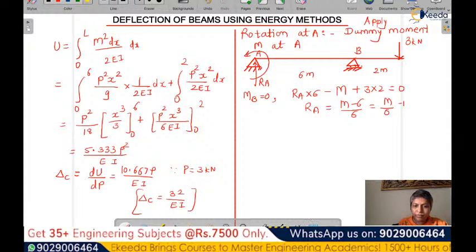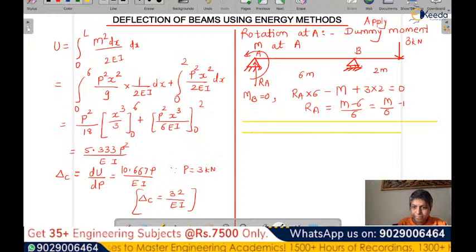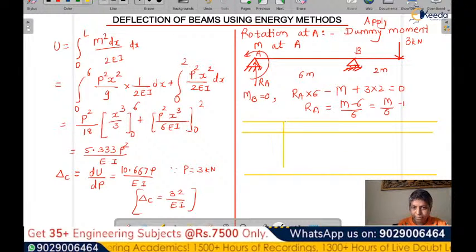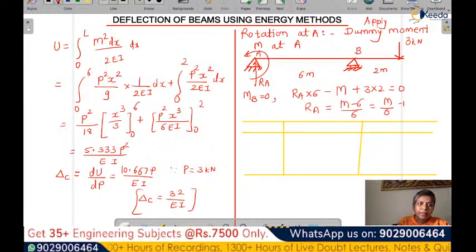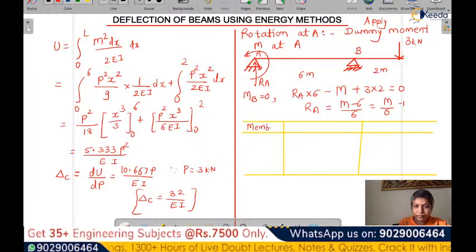So that table will be like this. So this is AB, this is BC. So here origin, limit.